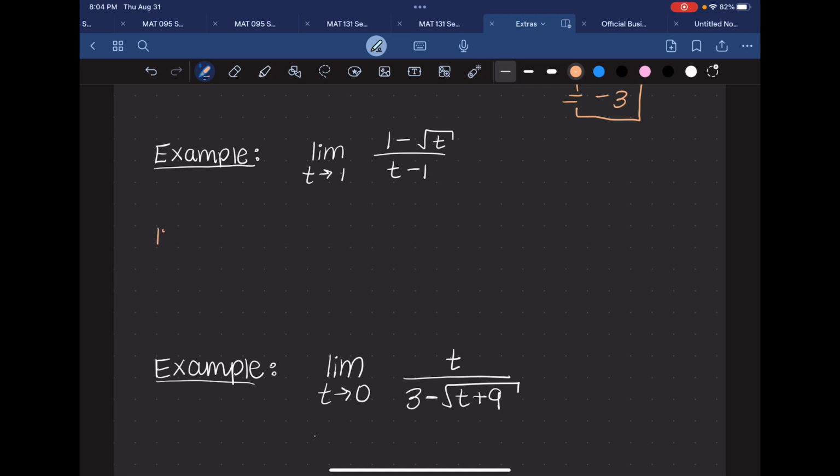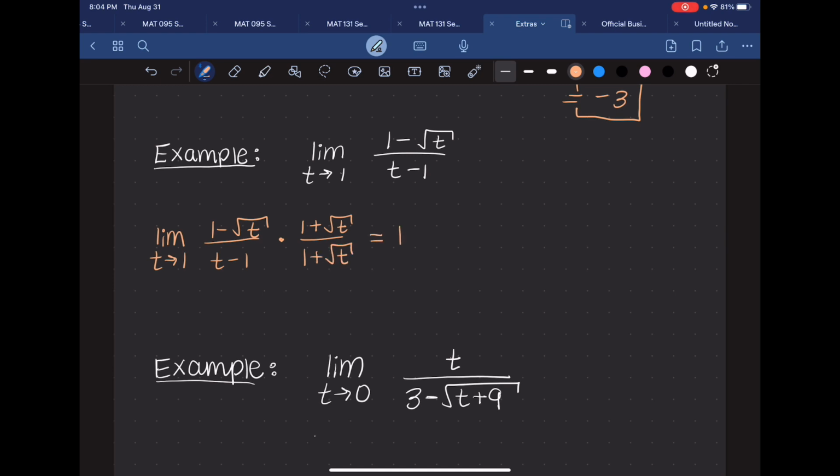So for this one, we have limit t goes to 1 of 1 minus square root t over t minus 1. And we can see if multiplying by the conjugate of 1 minus square root t helps. Now the conjugate, if you remember from pre-calculus, would be 1 plus square root t.